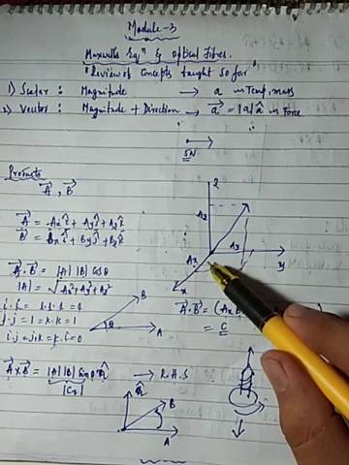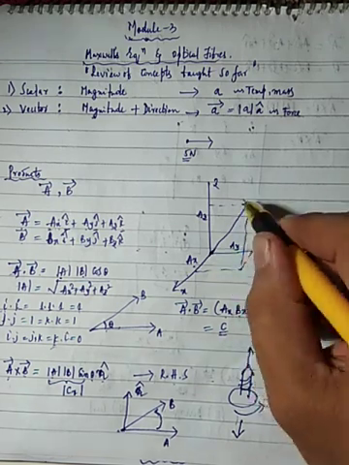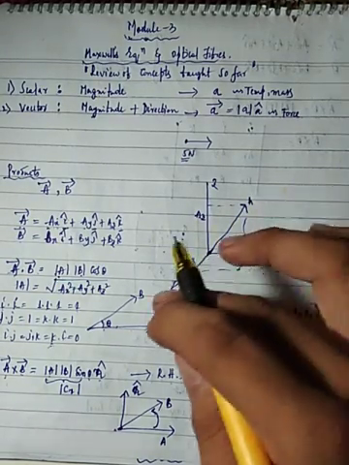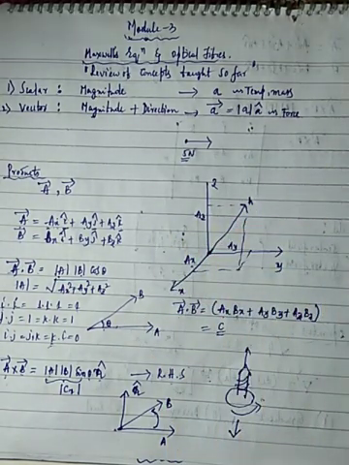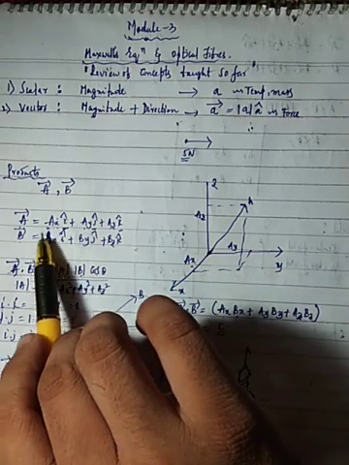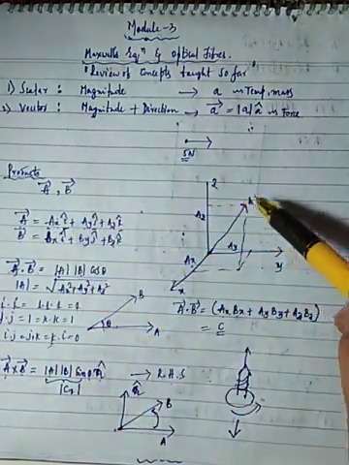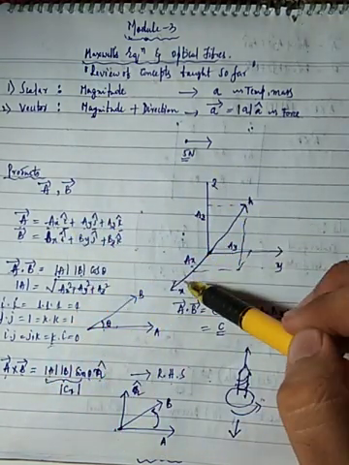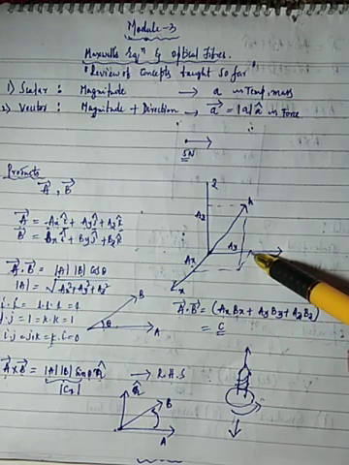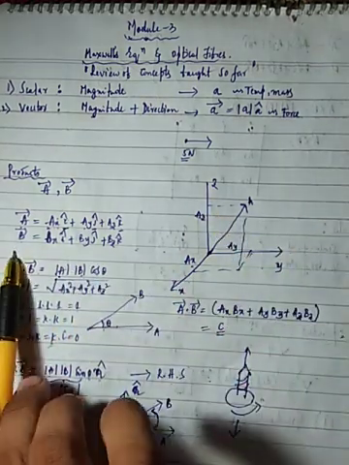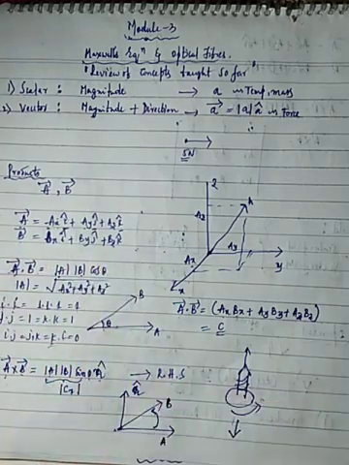In three-dimensional space, suppose that this is vector A, every vector can be decomposed into three components. Ax is the x component, meaning the component of this vector along the x axis. This is the component of this vector along the y axis. This is the component along z. So it is usually written like this. If you have a second vector, it will be written like this.